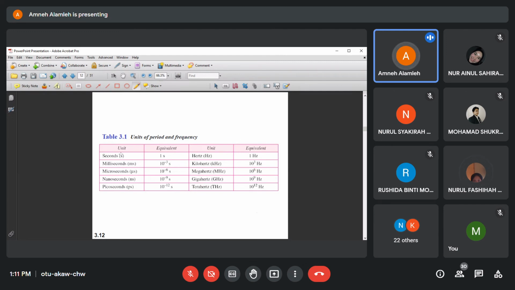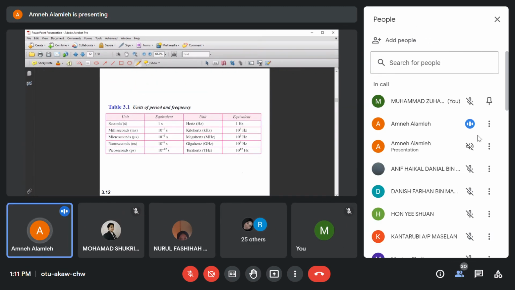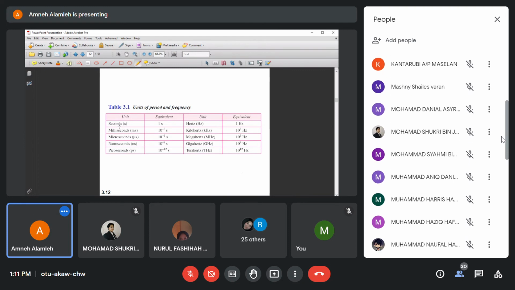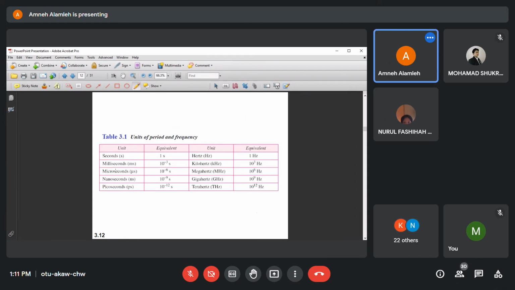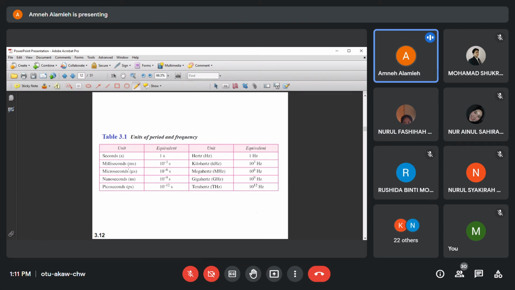For the period, which means time, we have 1 second. We have the millisecond, ms, which is equal to 10 to the power minus 3 of the second. We have the microsecond, which is 10 to the power minus 6 of the second.